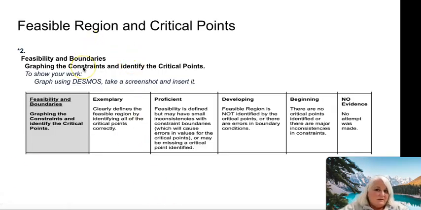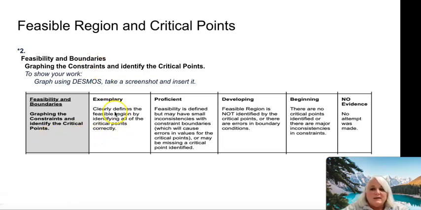Okay, so the feasible region and the critical points has to do with the second step, which is when you graph it on Desmos, and then you pick out the critical points and you can have Desmos label them. And to show me it, you want to take a screenshot of it when you're done, and then you'll insert it.